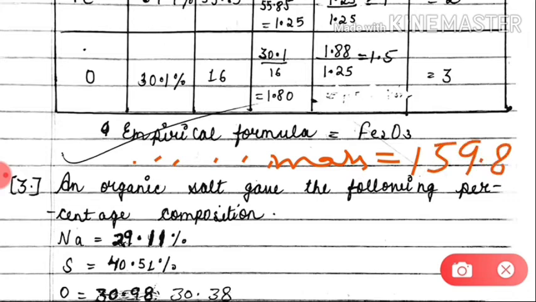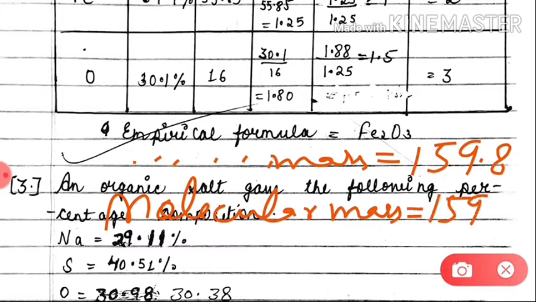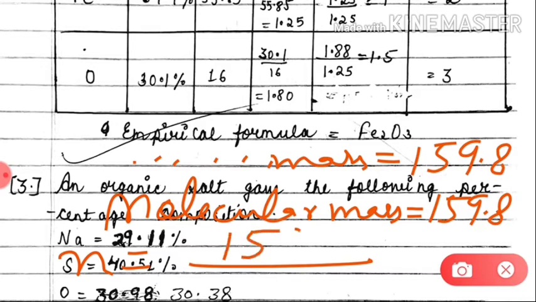It is equal to 159.8. And what is the molecular mass? That is also 159.8. Before writing the molecular formula, we find the value of n. And how do we calculate the value of n? That is the molecular mass upon the empirical formula mass. So this is the molecular mass 159.8, and this is the empirical formula mass 159.8.